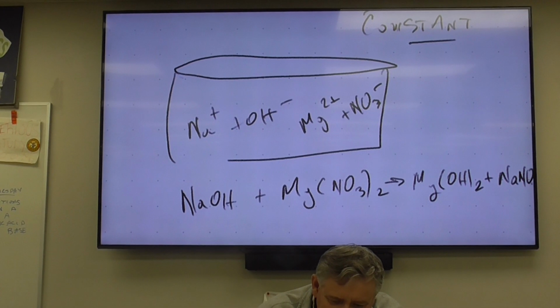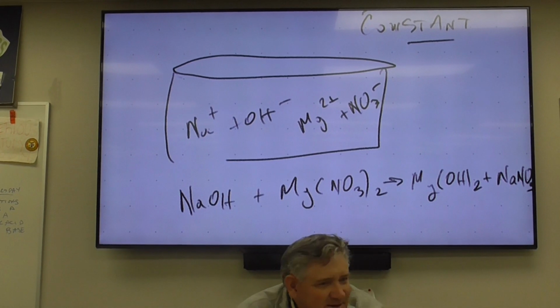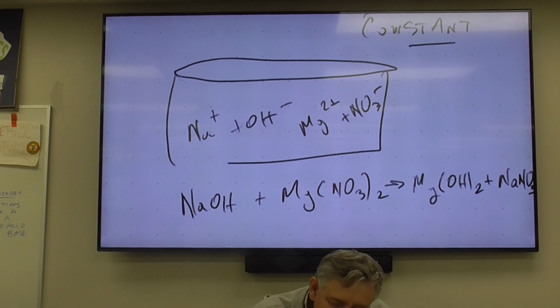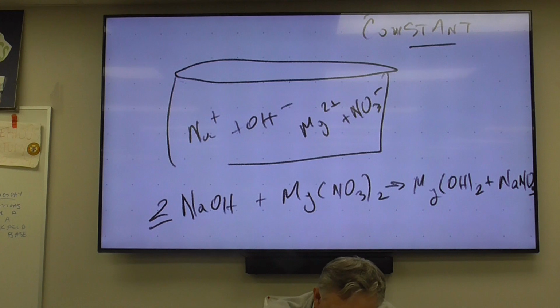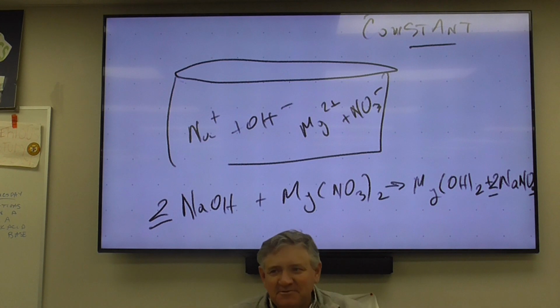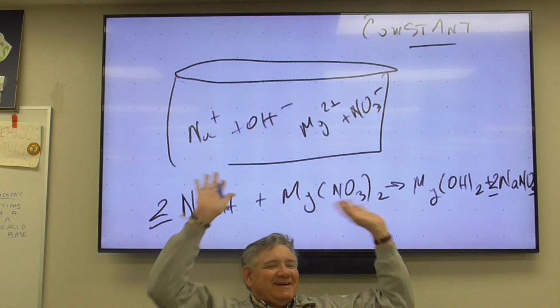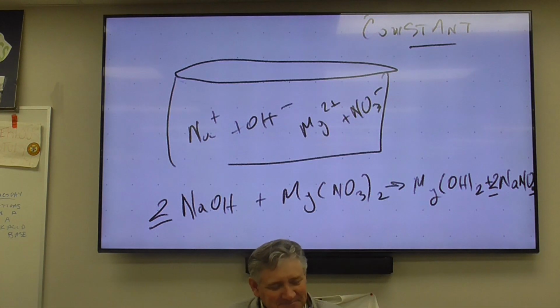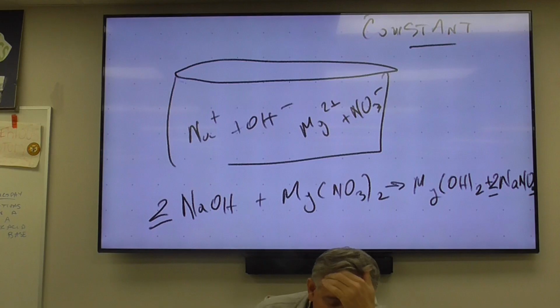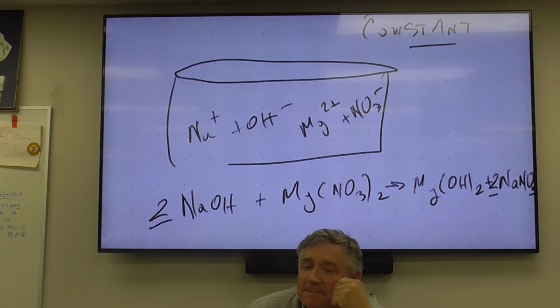Woo, look at us, we're chemists! And then I say, is it balanced? And you go, no, Mr. Burkamp, it's not. What do I need to balance it? Let's put a 2 there, and it's balanced, and we're Chem 1, like, yay for us, we just did chemistry! It's like a 5-year-old. That was like us 2 years ago.